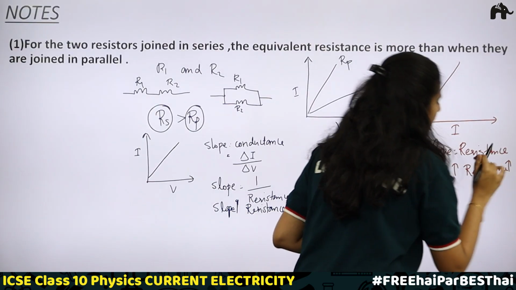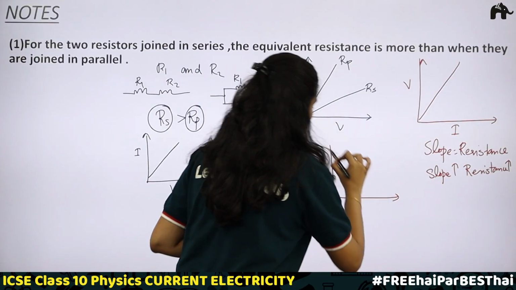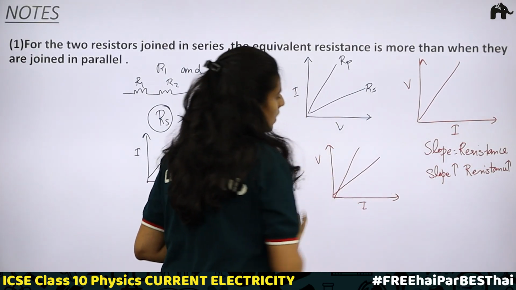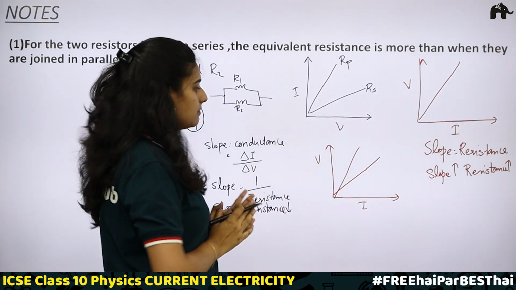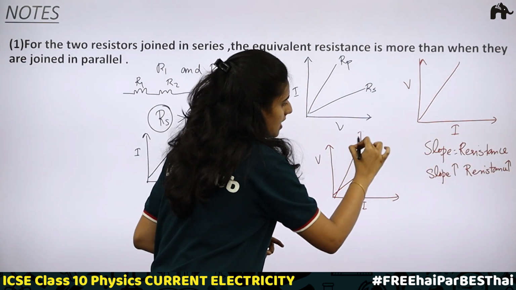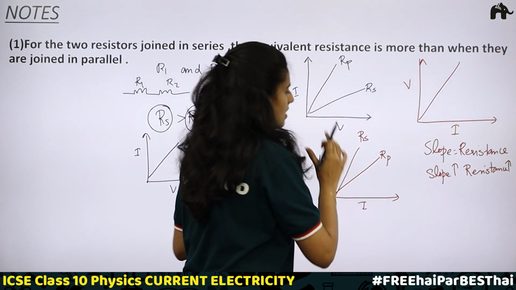So higher slope, higher resistance value. So when you take this VI graph, you have two slopes. Which slope will be for Rs and which one will be for Rp? Here, higher slope, higher resistance. This is higher slope, so higher resistance is Rs. Okay, smaller resistance is Rp. This is how the graph looks like.